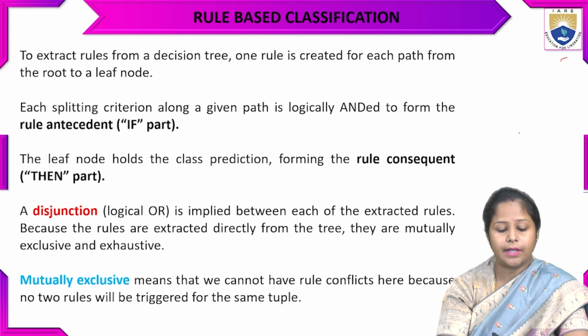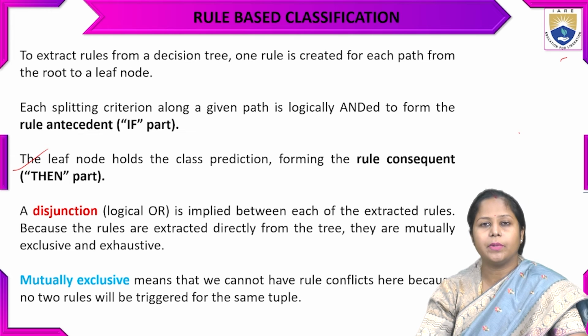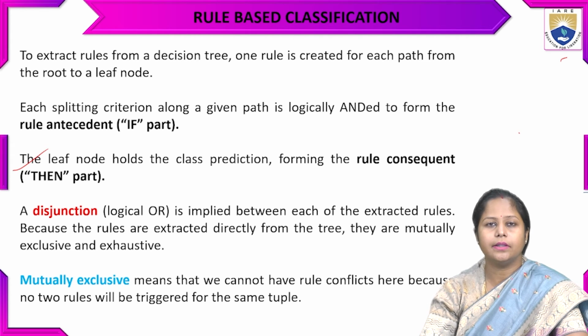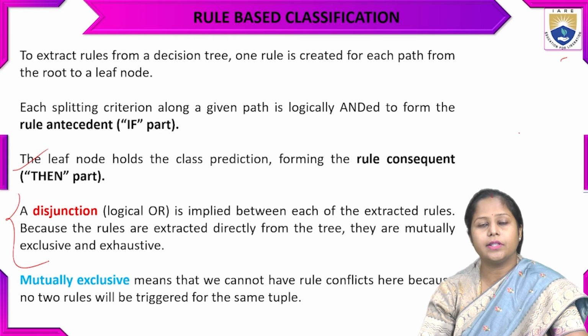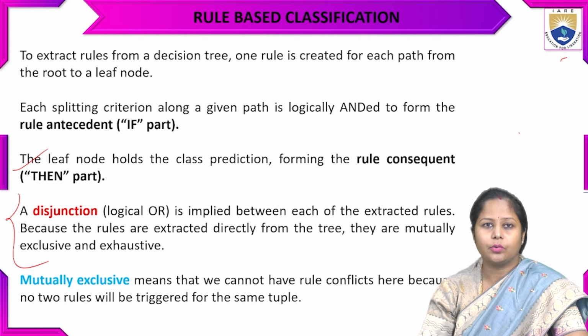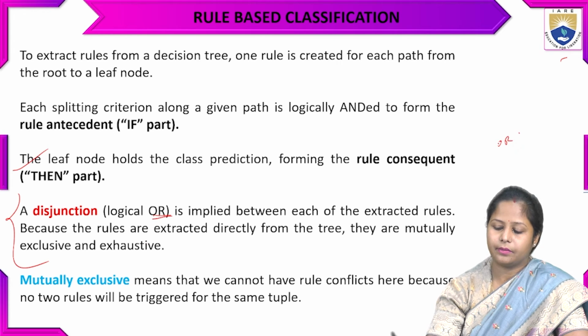In the then part, the leaf node holds the class prediction, forming the rule consequent. A disjunction, logical OR, is implied between each of the extracted rules.